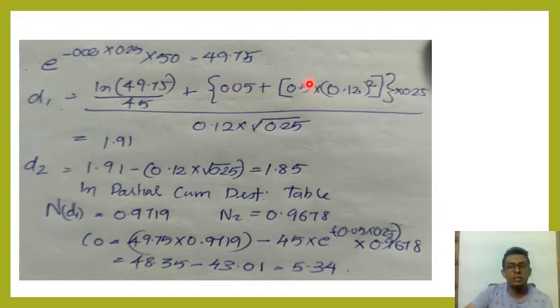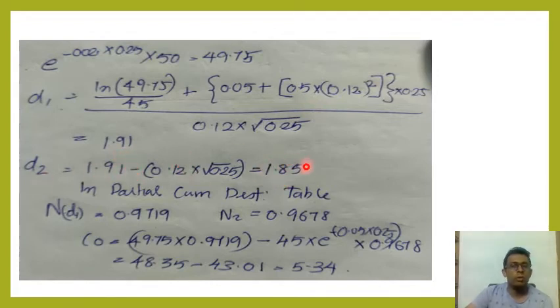Then 0.5 is in the formula into 0.12 square, that is sigma annualized volatility square, with sigma every time will come 0.25, that is 3 months. Again divided by sigma 0.12, time will come with it, root of 0.25, which gives 1.91.